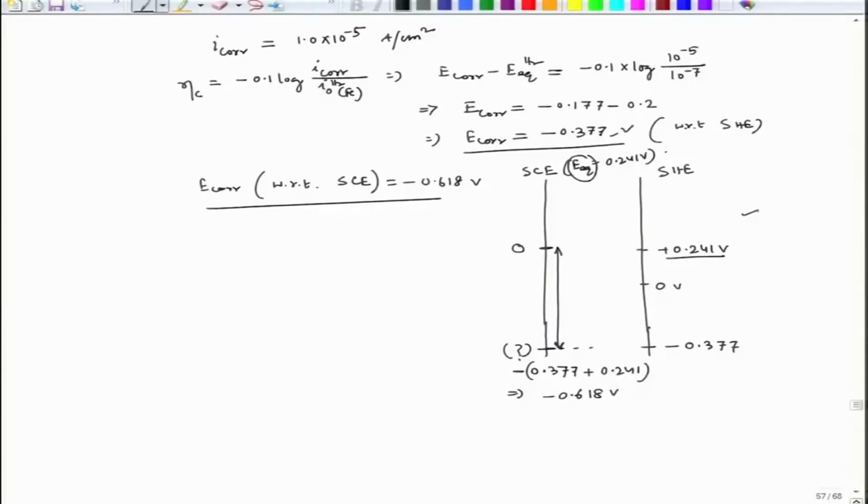In case of silver chloride electrode, or in case of copper sulfate electrode, the equilibrium potential of that reference electrode will be different, and that particular equilibrium potential is measured with reference to standard hydrogen electrode, and that becomes 0 because we are taking that particular potential to be a reference potential. Accordingly you have to change the values as per this particular scale. Side by side you put those two scales and find out what could be the potential that will be shown in the machine.